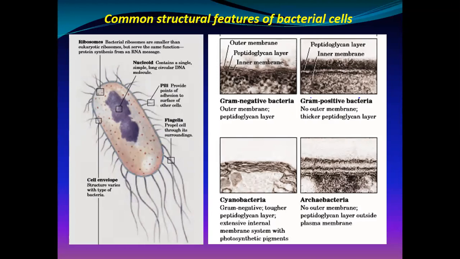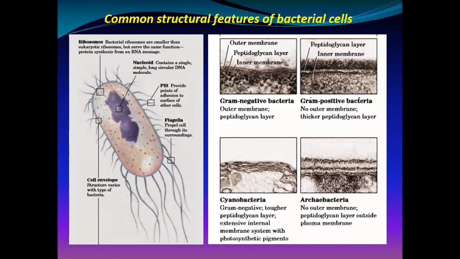And when you come to gram-positive bacteria, the outer membrane is not there, right? Only the peptidoglycan layer and no outer membrane. The peptidoglycan layer is thicker in gram-positive than in gram-negative bacteria, right?